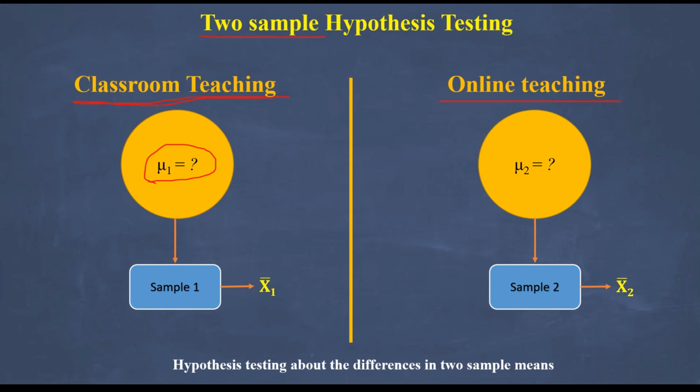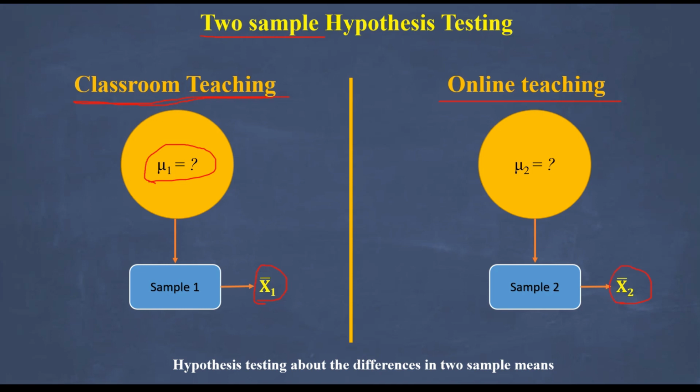So we have drawn some sample and then we have identified the x bar, which is represented by x1 bar. Now the second method is the online teaching method. Similarly, you have taken another population and you have drawn the second sample, which gives you some x2 bar.